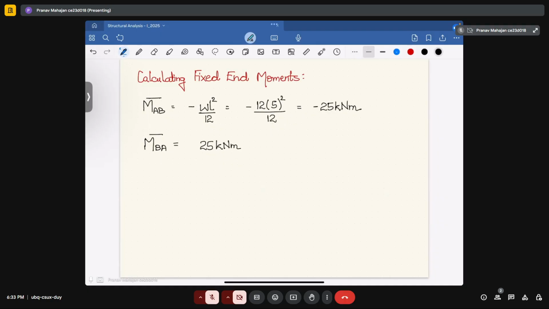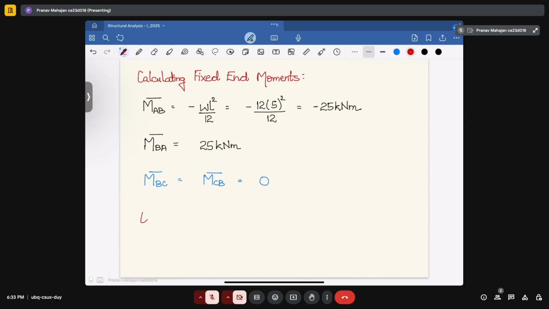Similarly, we will calculate for MBC. So your MBC in this case will be equal to MCB equal to 0. Now we will solve by calculating the moment distribution factor.